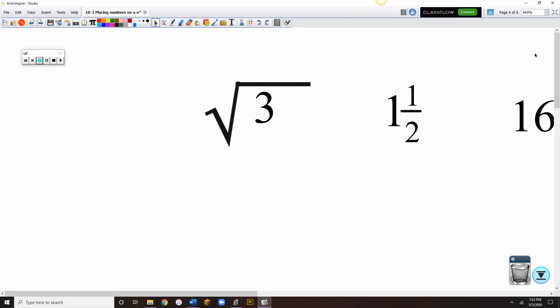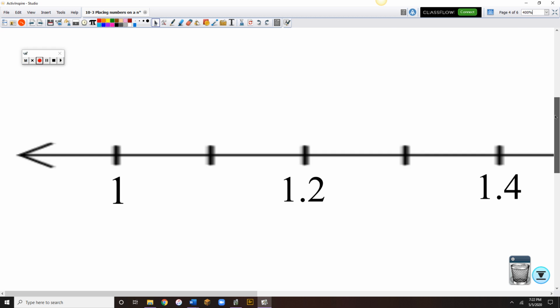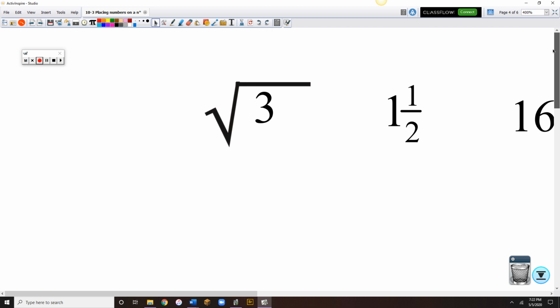So square root of 3, I'm going to program into the calculator. Now, how many place values do we need? Not that many. If our place value on the number line is counting by tenths, then we're probably good with hundredths. Okay? So we've got 1.73.